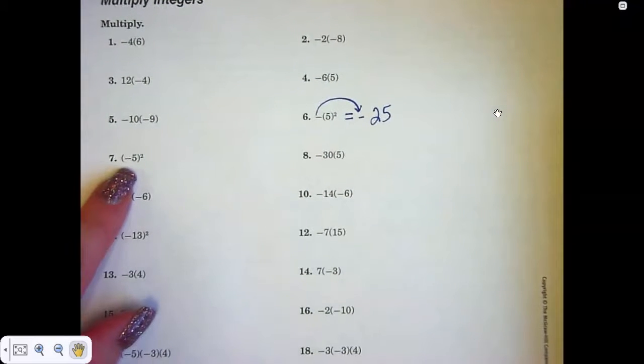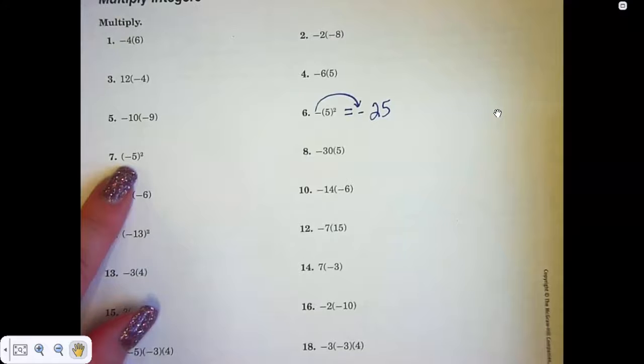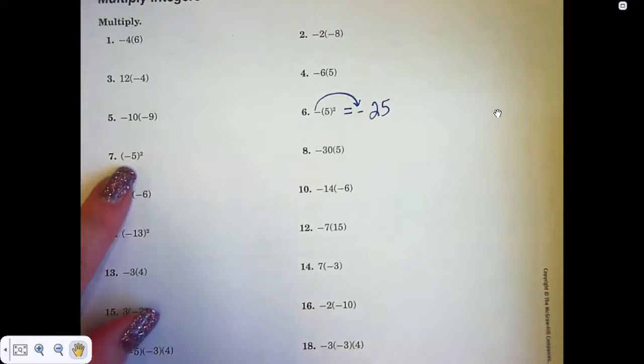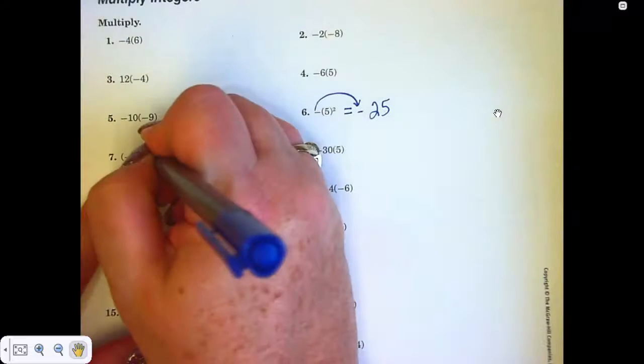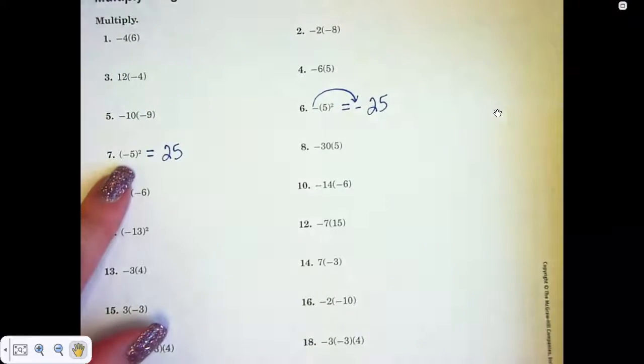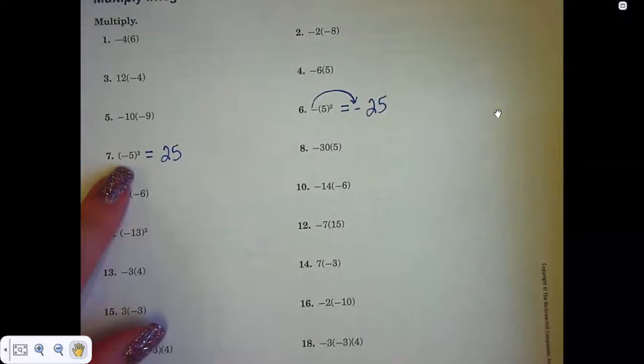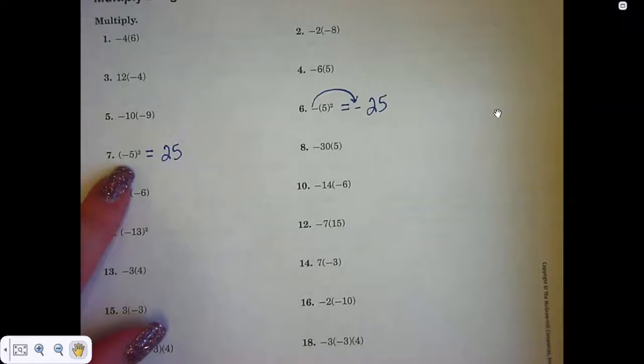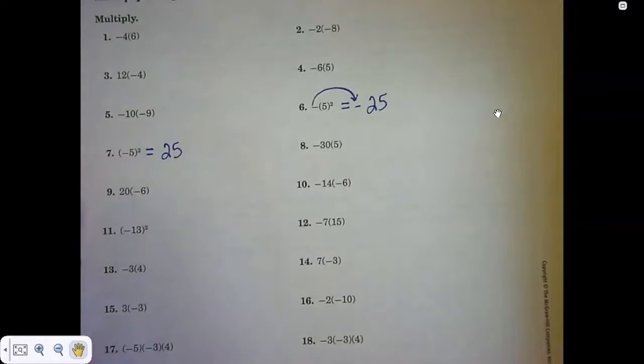Here, what are we squaring? We're squaring negative 5. So that means negative 5 times negative 5, and what do we get? Positive 25. Questions about that?